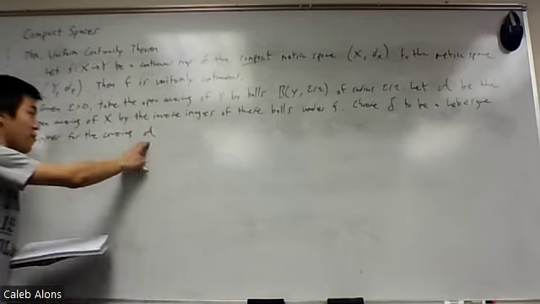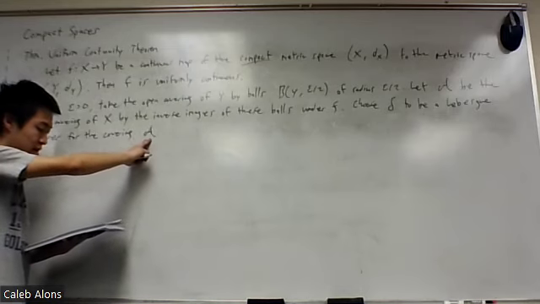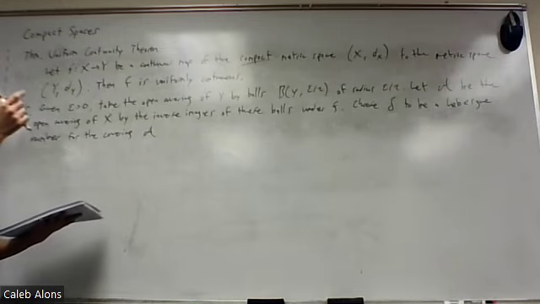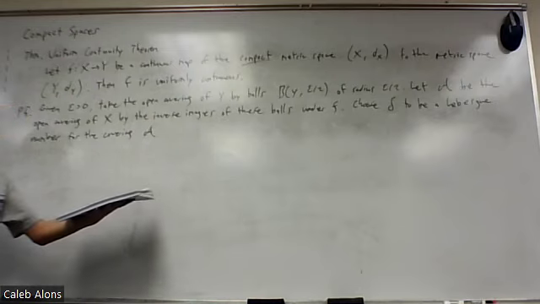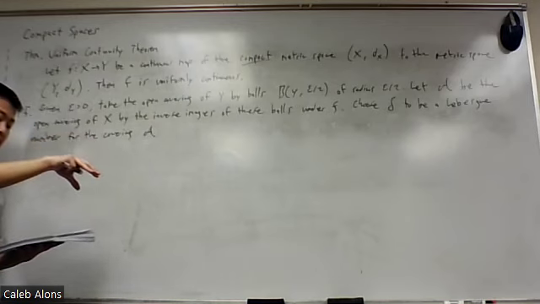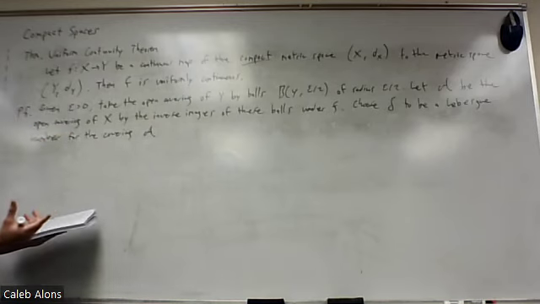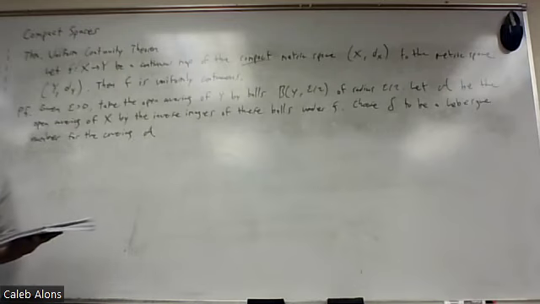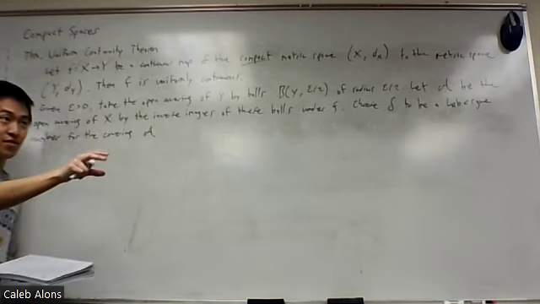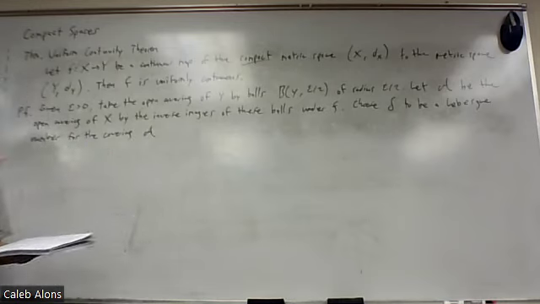A Lebesgue number of a cover is essentially this: if you take an open covering of a metric space, and then take some subset A whose diameter is less than delta, and X is compact, then there exists some positive number delta that works for all of your subsets A. We say that chosen number delta is the Lebesgue number for the covering.